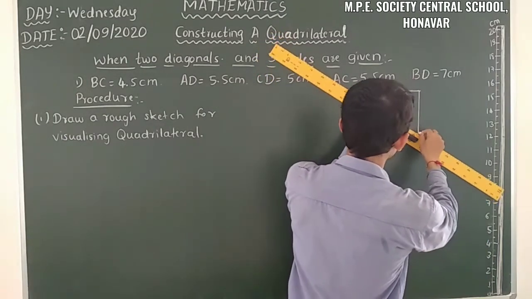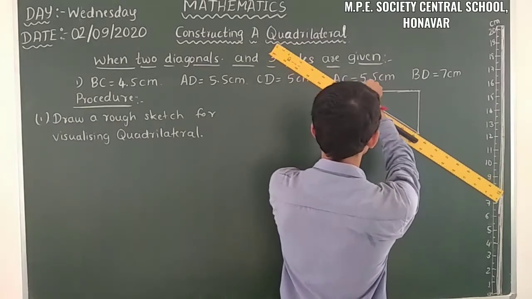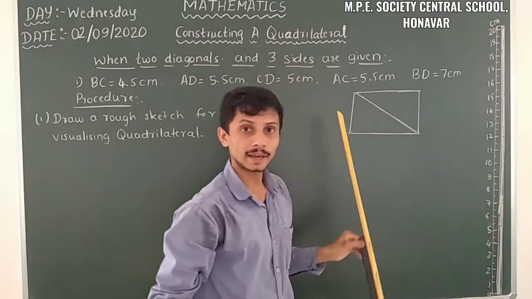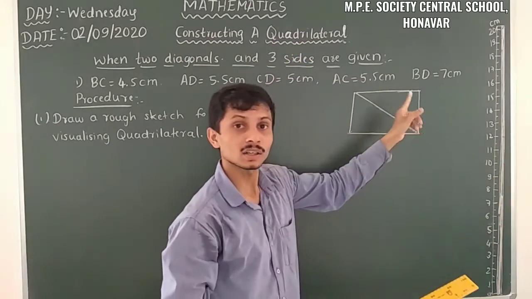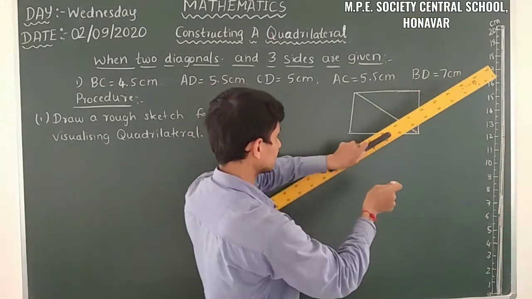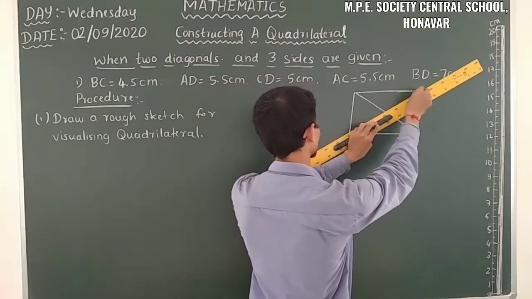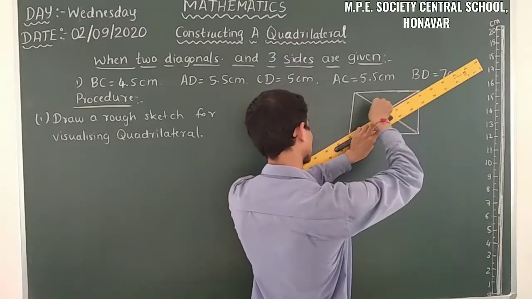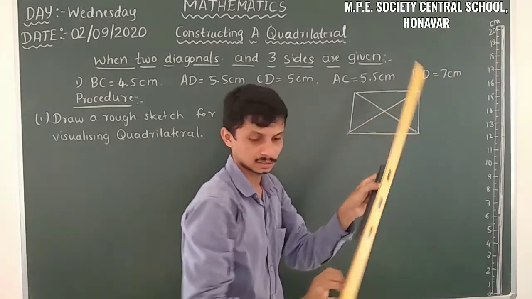I will draw two diagonals, because here we have two diagonals. Yes, these are the two diagonals.